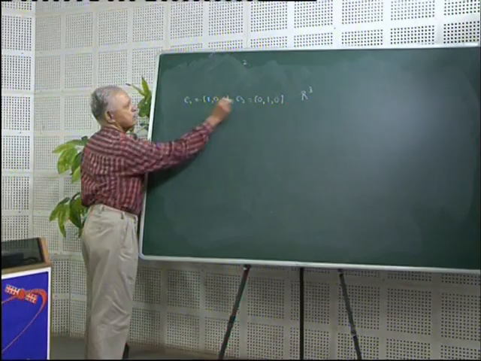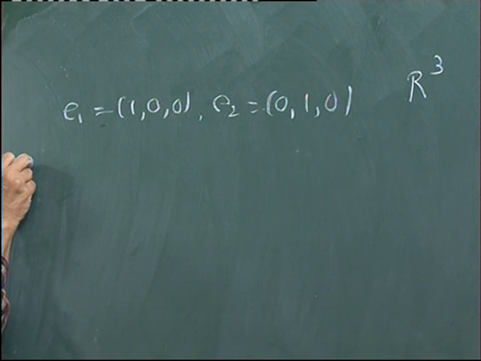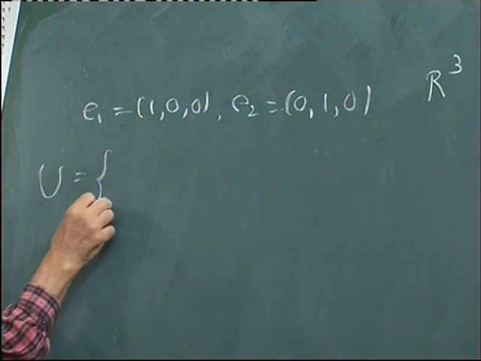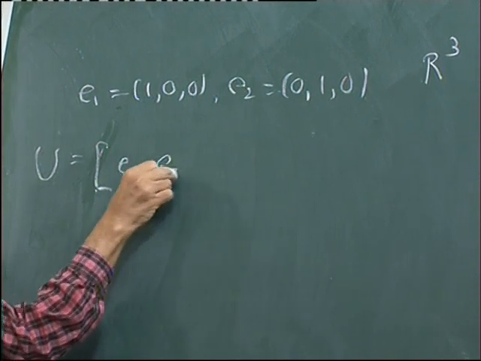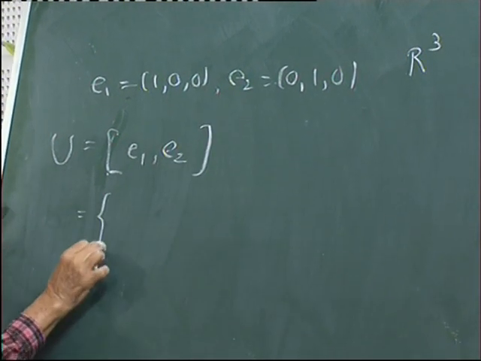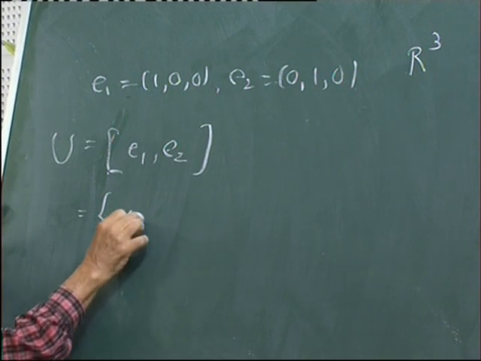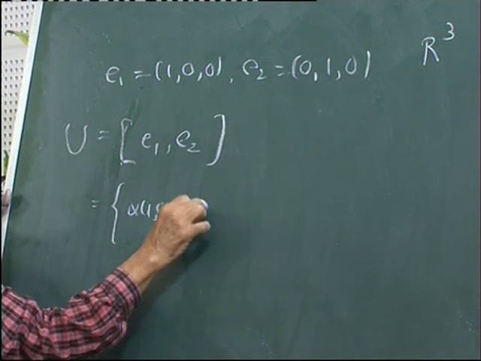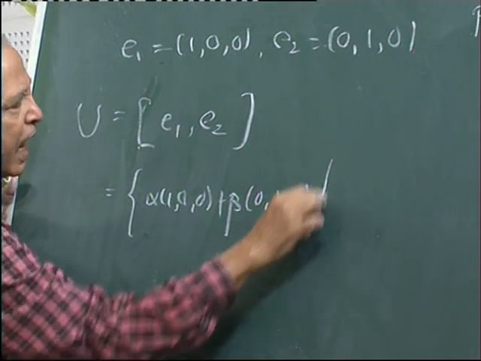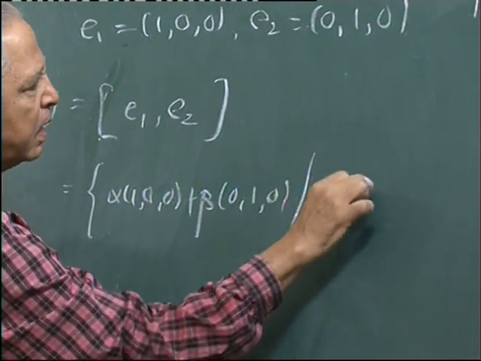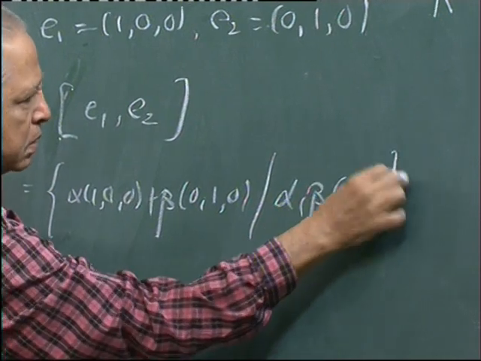So, let us take the subspace spanned by this. U is equal to the subspace spanned by E1 and E2. This is equal to alpha 1 0 0 plus beta 0 1 0, alpha and beta real numbers.